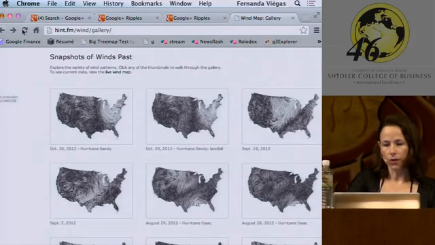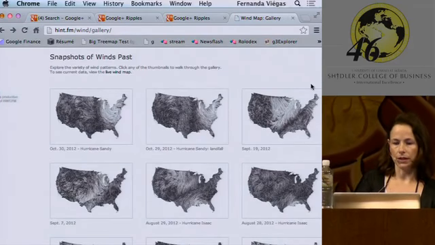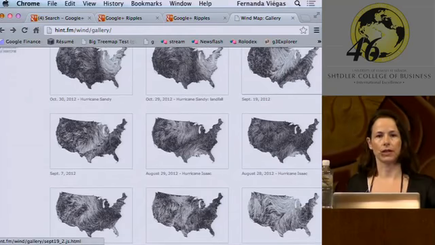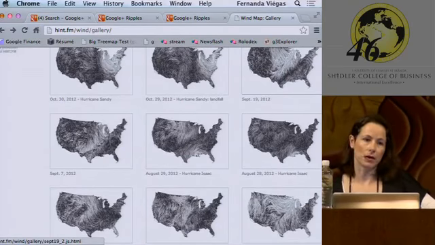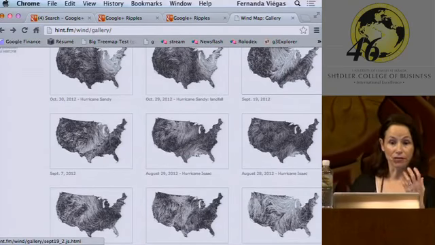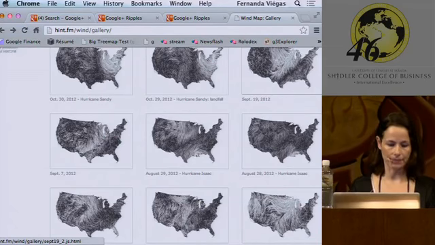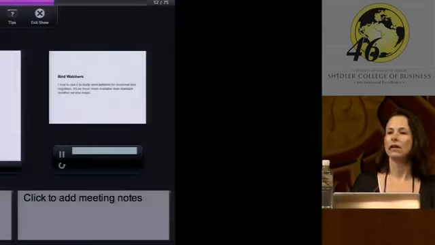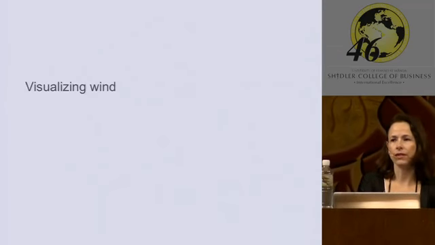So one of the things that was so exciting to us was that we had no idea what these maps looked like before, and we had no idea about the variety of patterns that we would see every day. The other thing that was interesting was the response we got. We thought that this was sort of a geeky project.